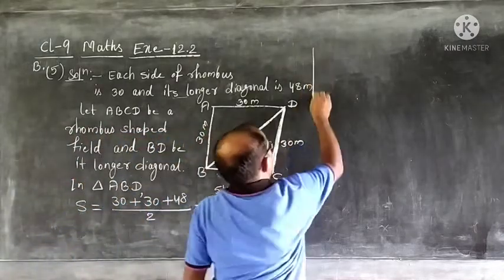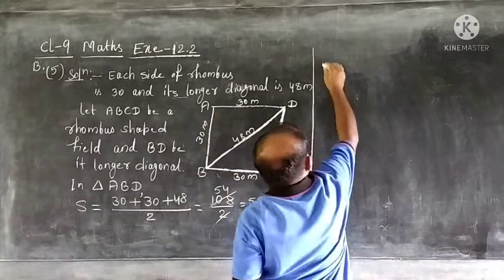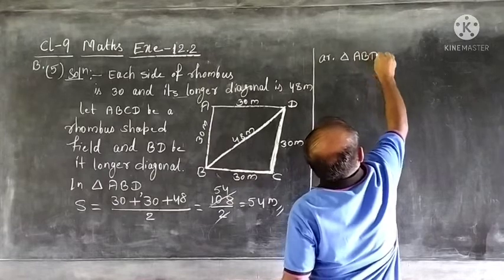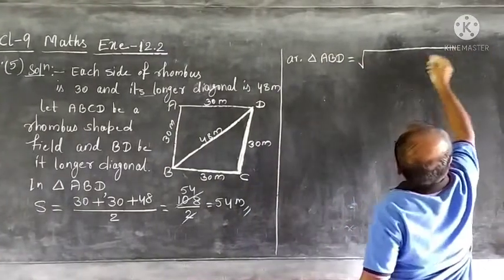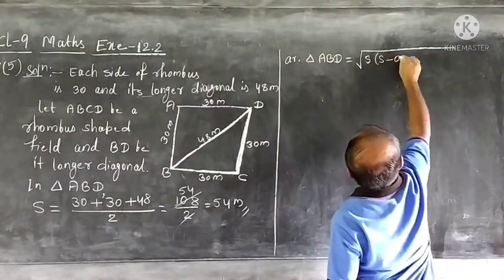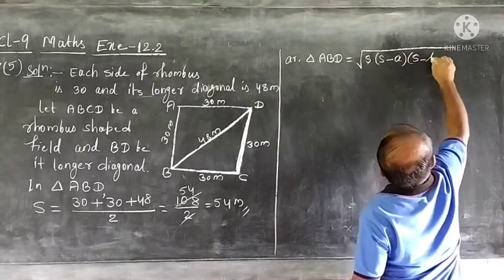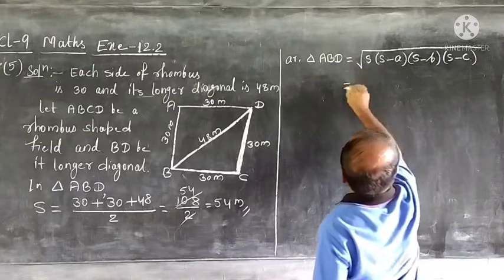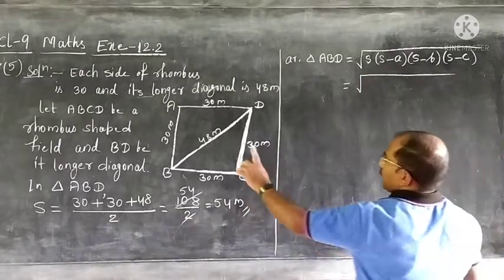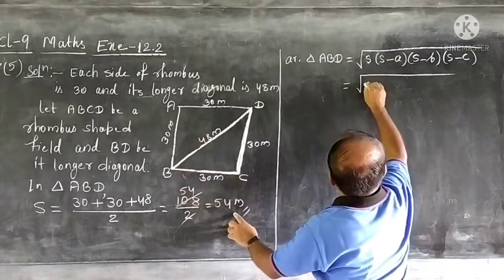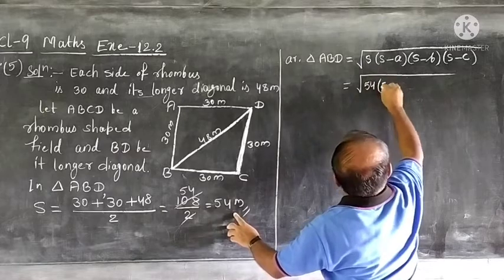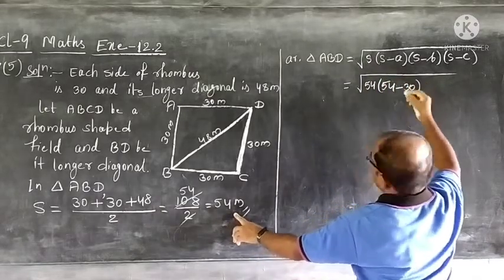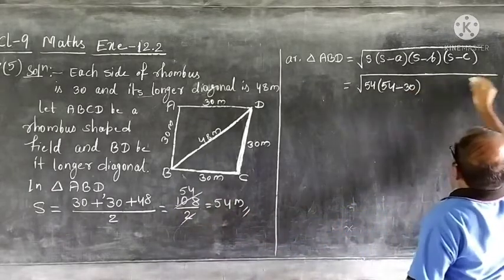Then we will calculate the area of triangle ABD. Area of triangle ABD, that we know is root of S into S minus a into S minus b into S minus c. This is just to denote the three sides, nothing more. First, semi perimeter 54, 54 minus whichever side we have considered, first one 30, second one also 30.